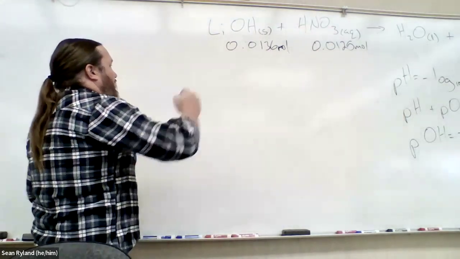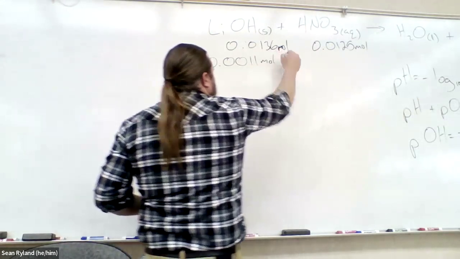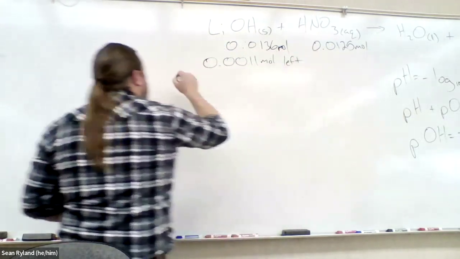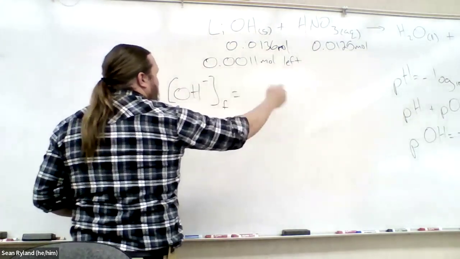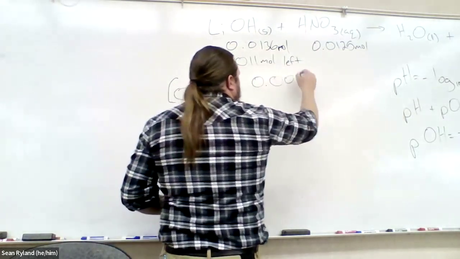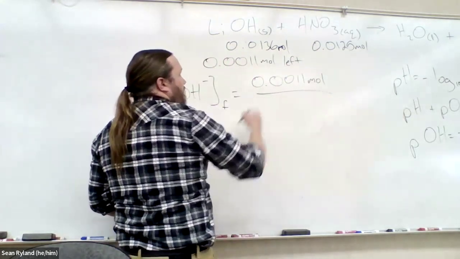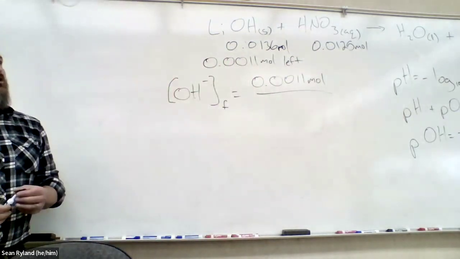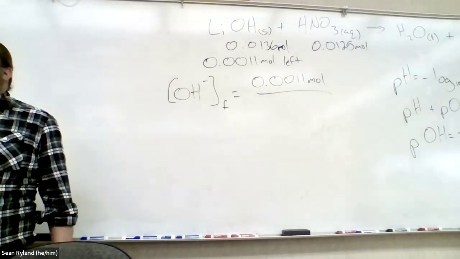So if we have leftover hydroxide, our final concentration of hydroxide is going to be that 0.0011 moles over our total volume. What's our total volume going to be for this system? Just like that problem on the midterm, right?